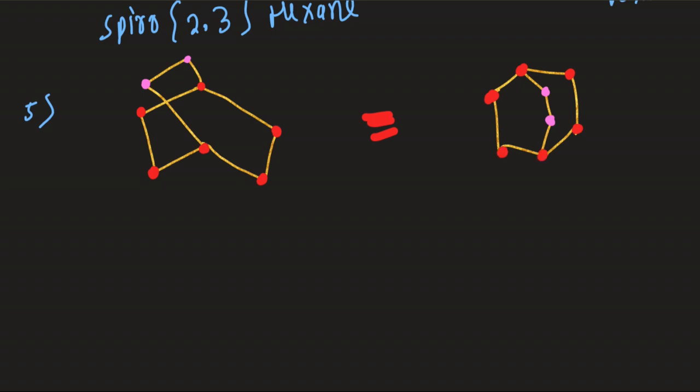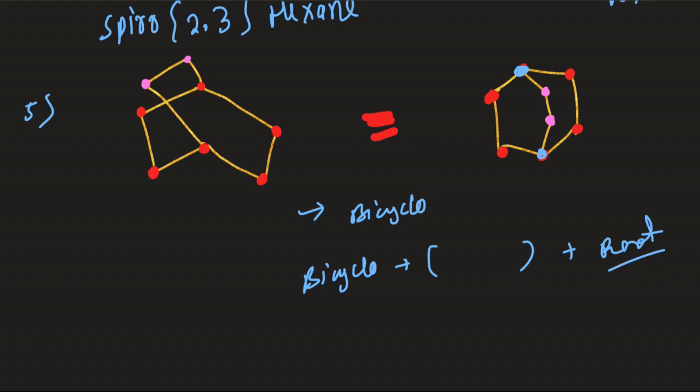Okay, so can I say there are 2 common points between the 2 rings? This is 1 ring, right? So there are 2 common points, which means this is nothing but what? A bicyclo compound. How to write the IUPAC name for bicyclo? Bicyclo bracket plus root word. How to start the root word? You have to start with numbering. How to start numbering? You have to choose the large ring.